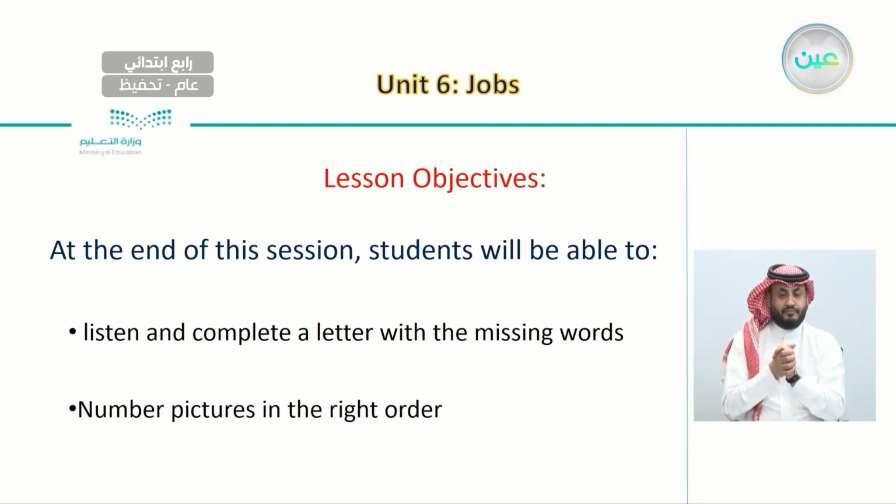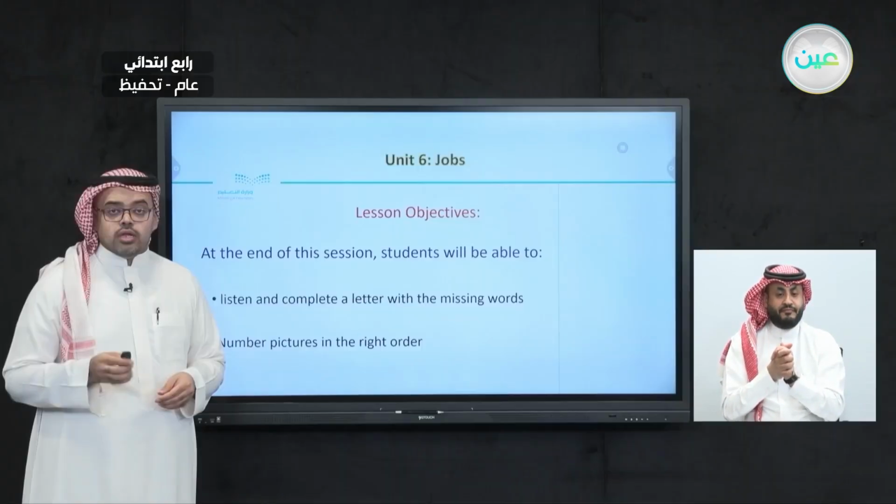At the end of this lesson, we hope that you will be able to listen and complete a letter with the missing words, and also to number pictures in the right order. So here what we're going to do is listen to a letter, and then we're going to write it, trying to fill in the blanks with the missing words we can see in this letter.